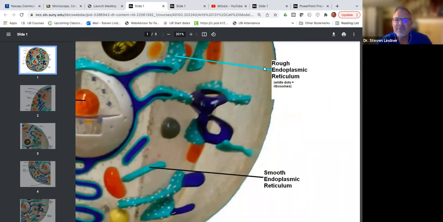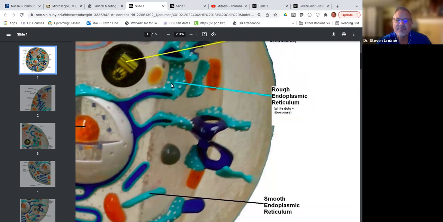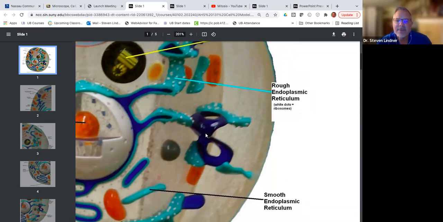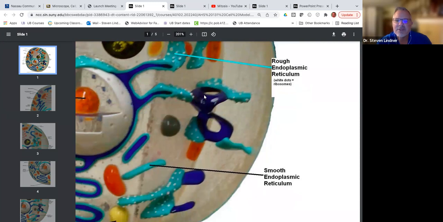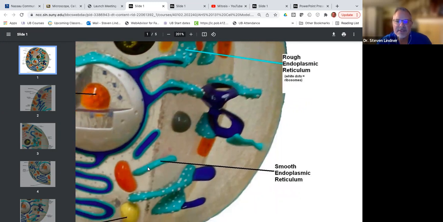Now there was the rough endoplasmic reticulum that had the fixed ribosomes attached to it. But then we have parts that are smooth, like this section here, that's that nice night blue color. There's no ribosomes. This section here that's aqua color is smooth. There are no ribosomes.